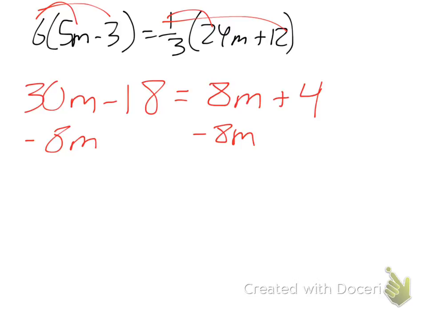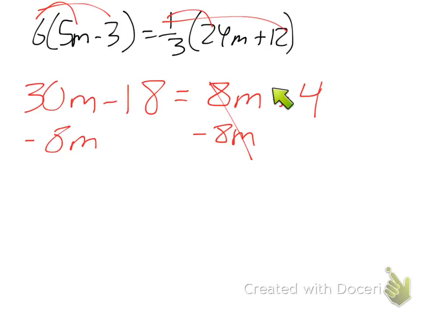Now, last time I did this, and then I rewrote it, and then did it again. If I move the variables from the one side, that means I need to move the constant from the side that I'm putting the variable on, so this side. I want to get rid of the 18 as well and move that to the other side.